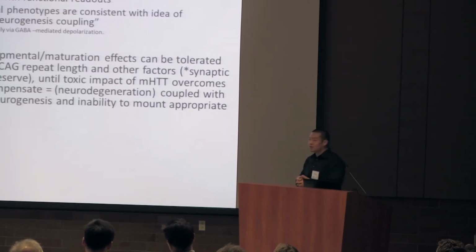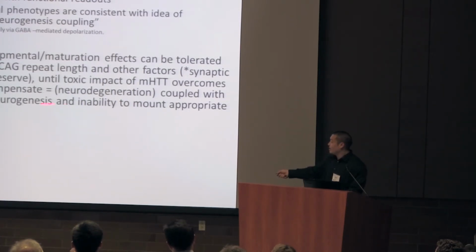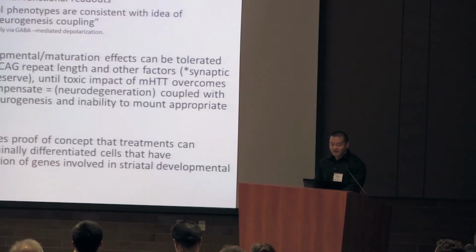But once they do get older, or some other type of factor that's involved, maybe environmental, the toxic impact of mutant Huntingtin cannot be compensated anymore, and that's when you end up getting neurodegeneration. This, coupled with impaired striatal neurogenesis, we think leads to actual disease itself, phenotypic disease.